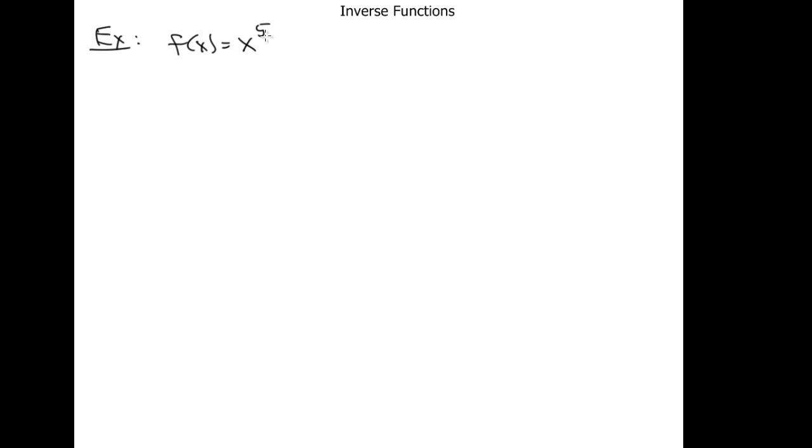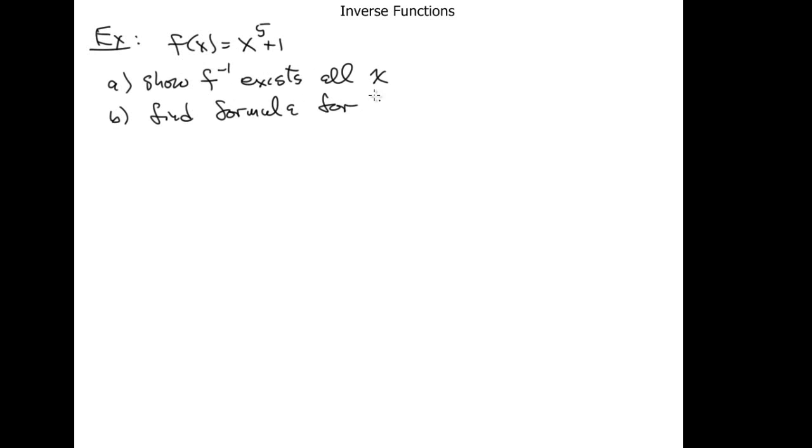Okay, so let's do another example. Let's take f of x is equal to x to the 5th plus 1. I'm going to give you a 4-part problem. I'd like you to prove to me that the inverse exists for all x. Let's find an actual formula for it.